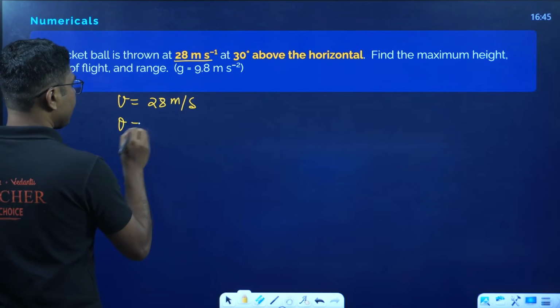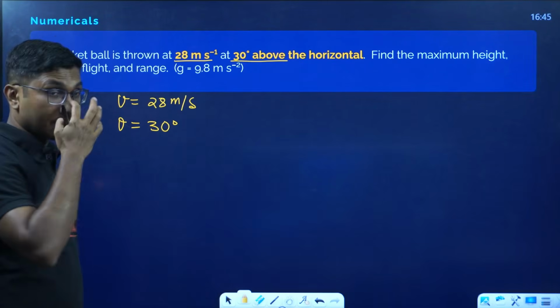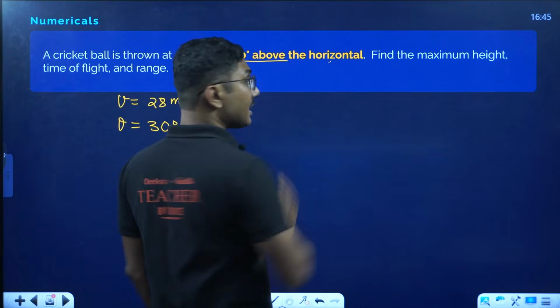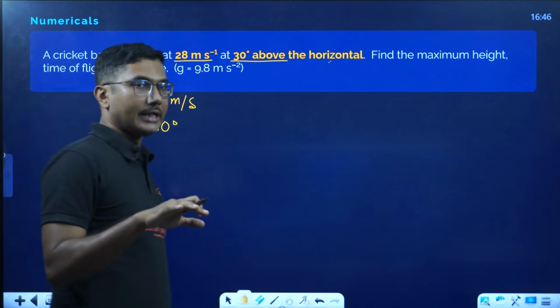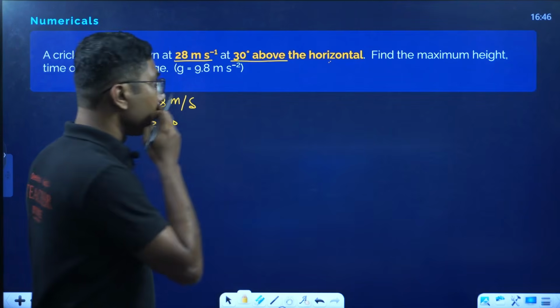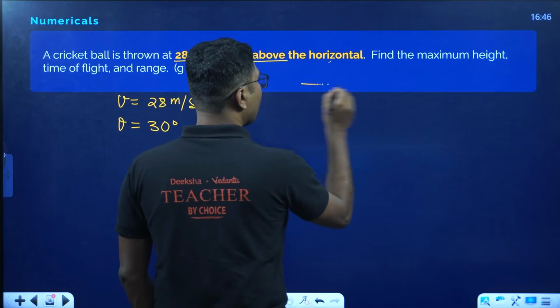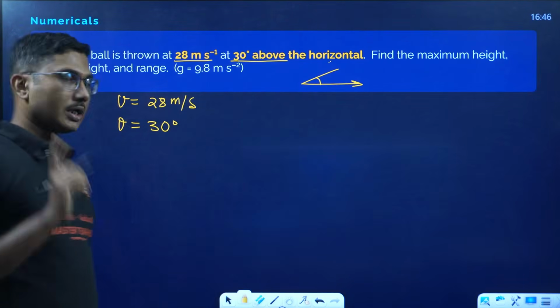The angle of projection is given as 30 degrees above the horizontal. Remember, this is given with respect to horizontal. If vertical is mentioned, you need to change the angle to 90 minus theta. That is one important point. Remember, all the angles we measure with respect to horizontal only. That is the one condition.